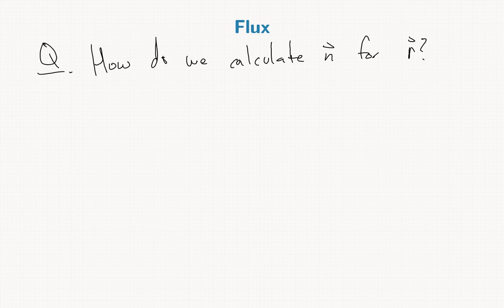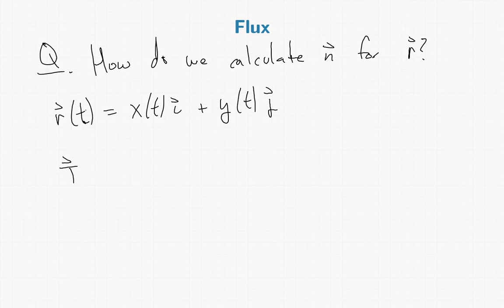So let's write R. Well, here I'm just talking, last one we were talking about in 3 dimensions. Here I'm only going to be considering 2 dimensions. So R of t is x of t i plus y of t j. Then the unit tangent vector is dx over ds i plus dy over ds j.